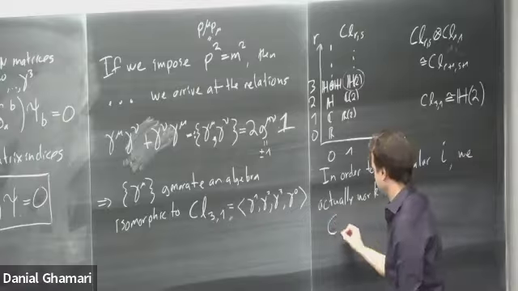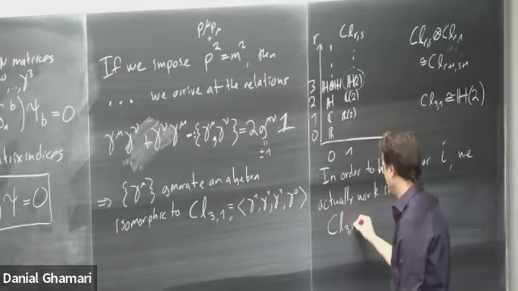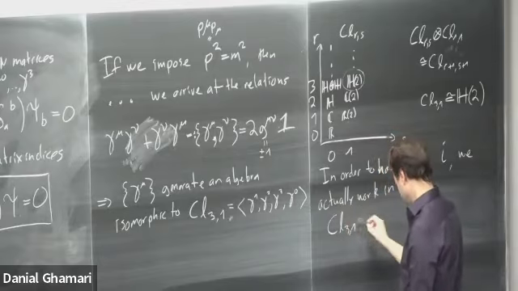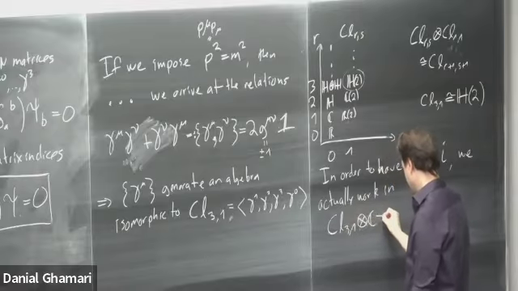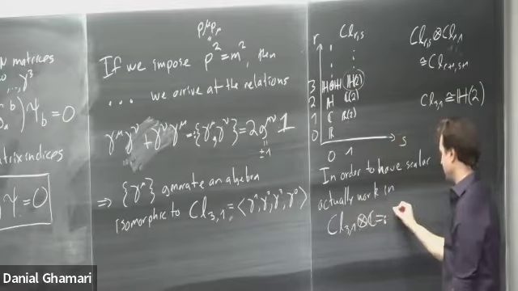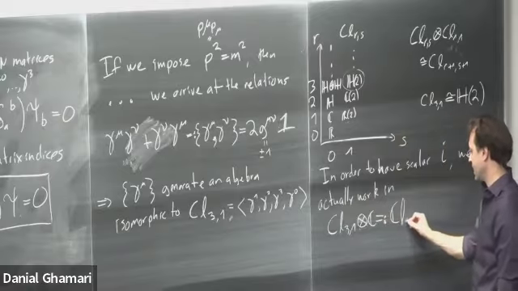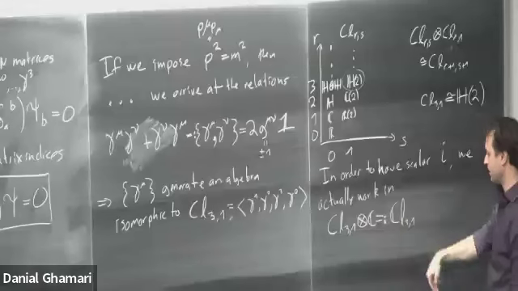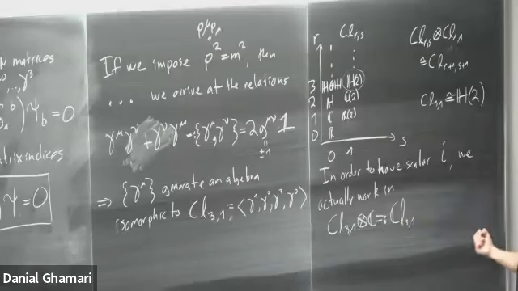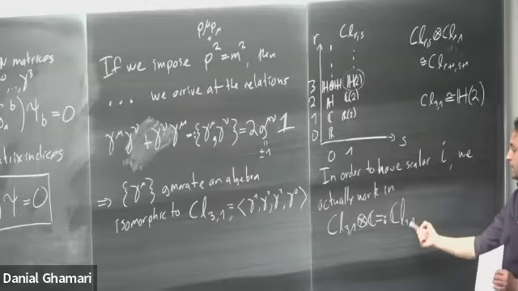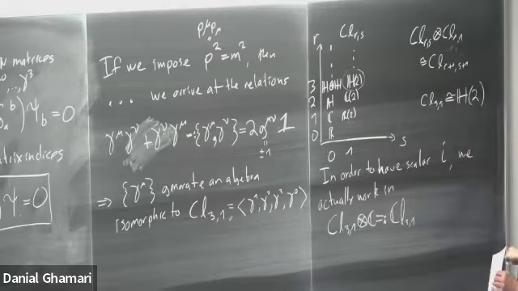So we are actually working in the complexification, CL3,1 tensor C. By definition, this is CL3,1 with a blackboard bold C. I did mention in the first talk that every quadratic form over the complex numbers is equivalent to the diagonal form.